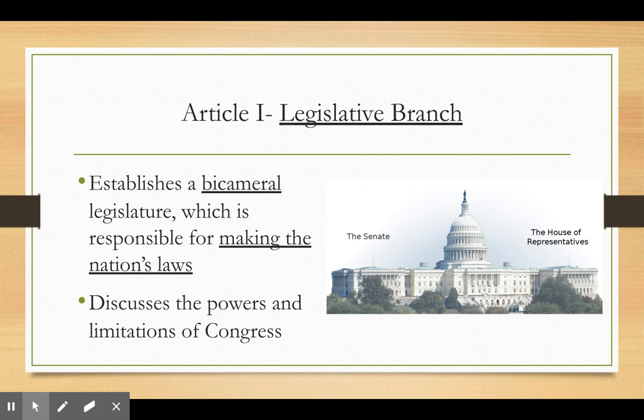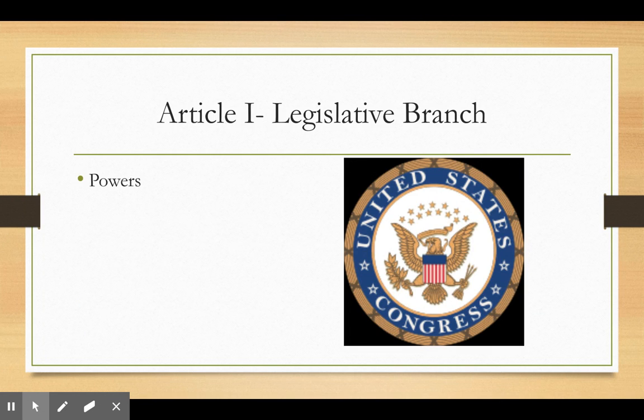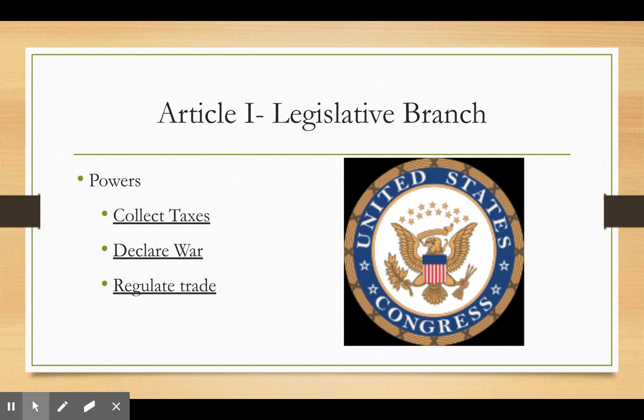If you look in the Constitution, Article 1, Section 8 lists all the powers of Congress. Then Article 1, Section 9 is all the powers Congress doesn't have, the things it can't do. Some of the powers include collecting taxes, declaring war, and regulating trade between the states and also between the United States and other countries.